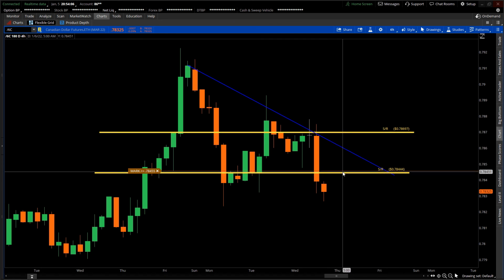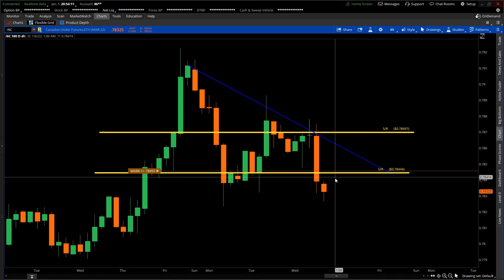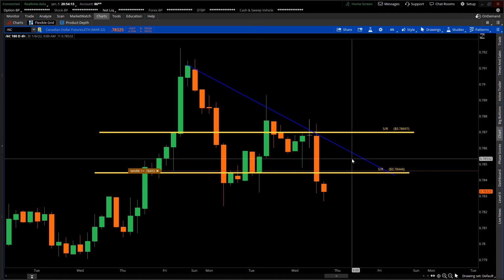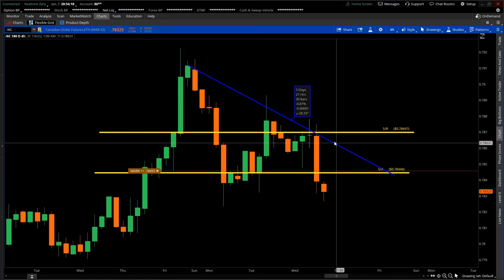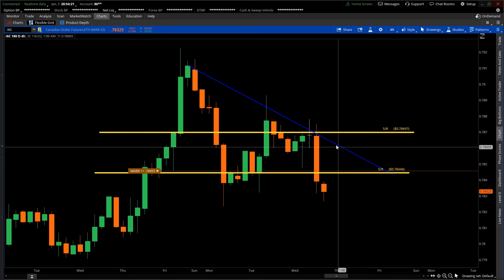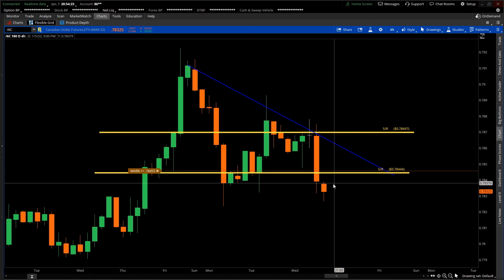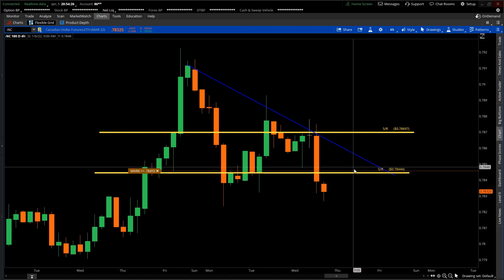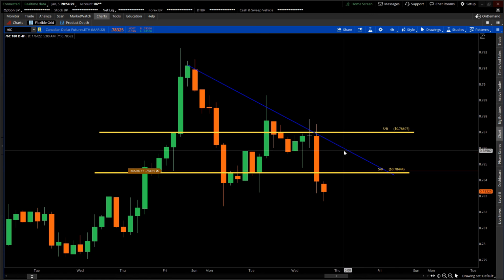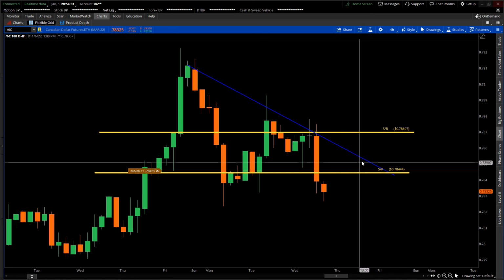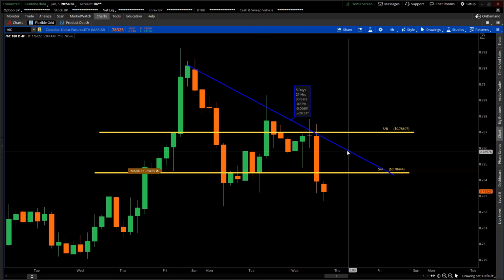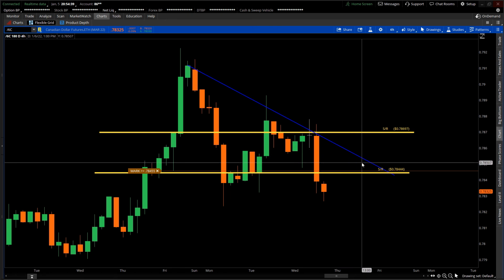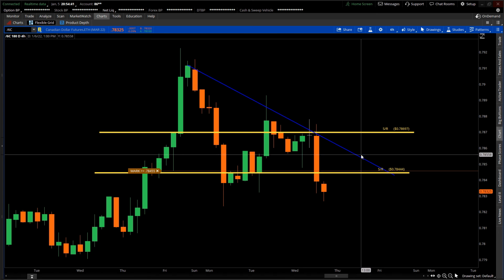So if it breaks out here, even if price gets above it, I would still hold off, maybe enter a position when price breaks above this resistance level, this blue diagonal resistance level. So even if price gets above it, is now above it, right? It could still get rejected at this point, but what I'm really looking for is the breakout above this diagonal. And when that does occur, or if that does occur, that's when I would consider entering a position.